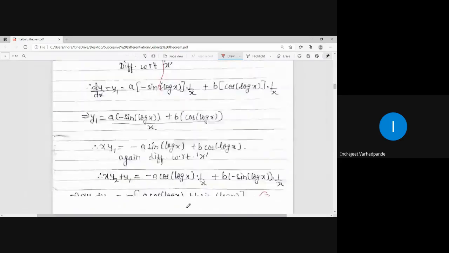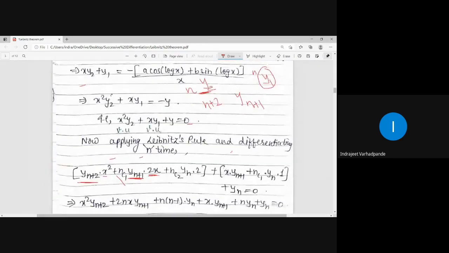Also, as per the rule, when we are taking v as a polynomial, it should vanish after certain terms. So for the product given, I will consider y2 as u, because its nth derivative can be written very simply, and the second term can be considered as x square. Selection of the terms is clear.